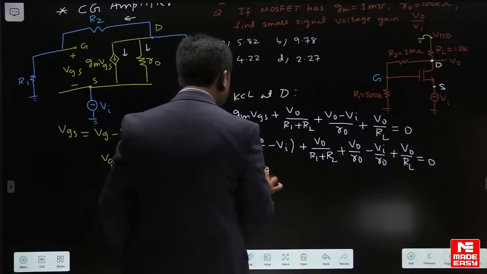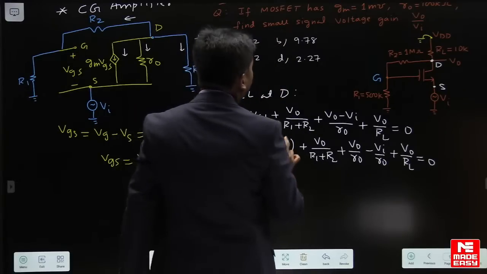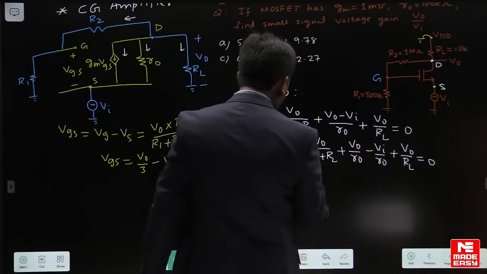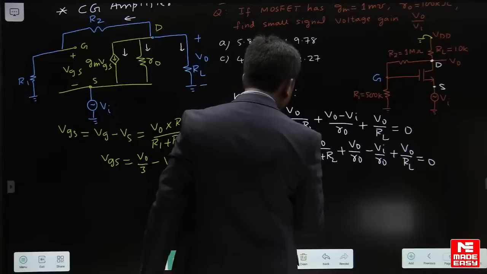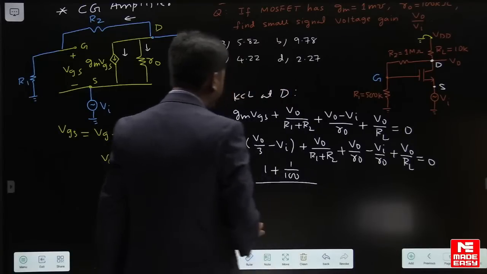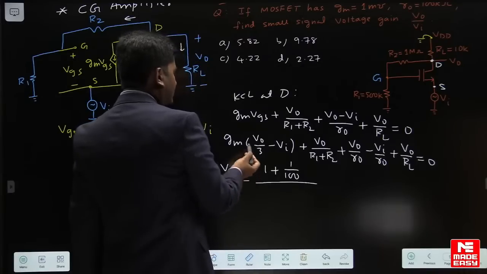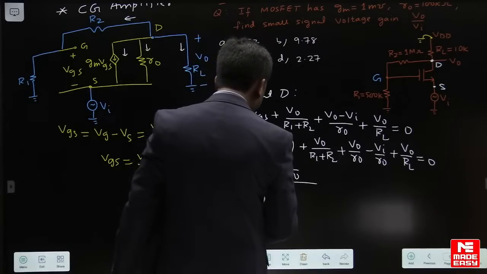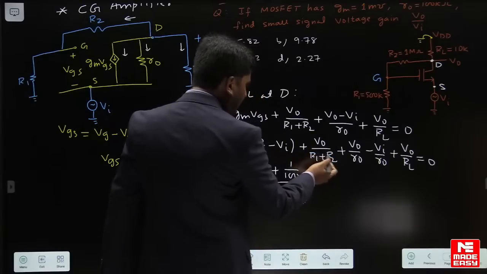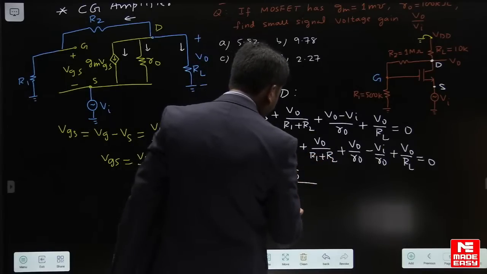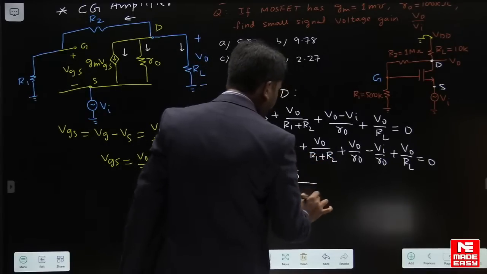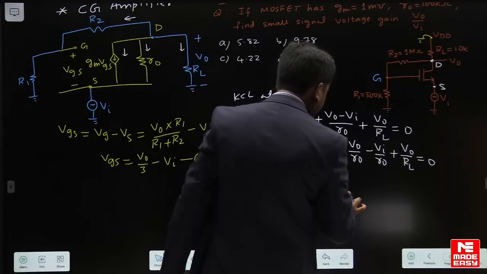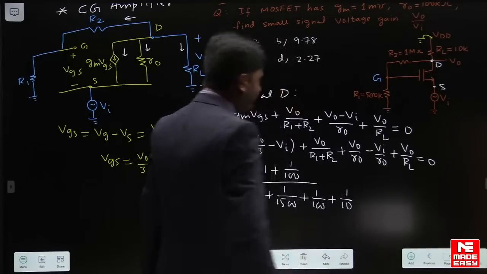Directly I put the values. GM how much? 1 milli. So 1 plus 1 by R naught, which is like 1 by 100, divided by, you will get GM by 3 in the denominator, 1 by 3 plus 1 by R1 plus R2, that will be like 1 divided by 1500, plus 1 by R naught, which is 1 by 100, plus 1 upon RL, which is like 1 by 10.